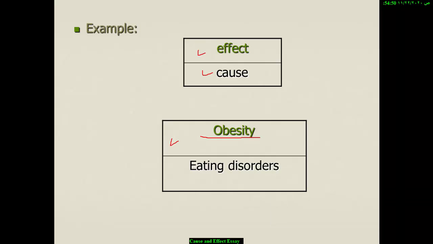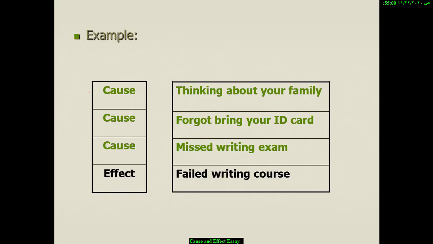So that's the effect and that's the cause. You can also have three causes leading to one effect, like in this example. Thinking about your family, and also because you forgot to bring your ID card and you missed the writing exams, the result was you failed the writing course. Three causes lead to one effect.